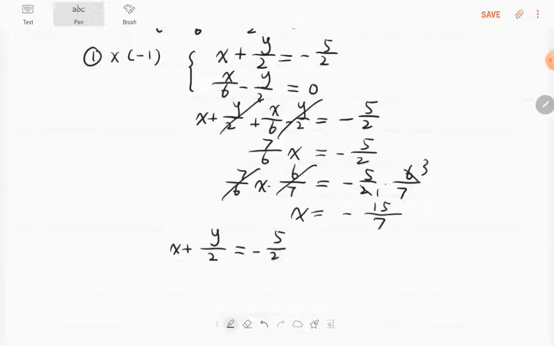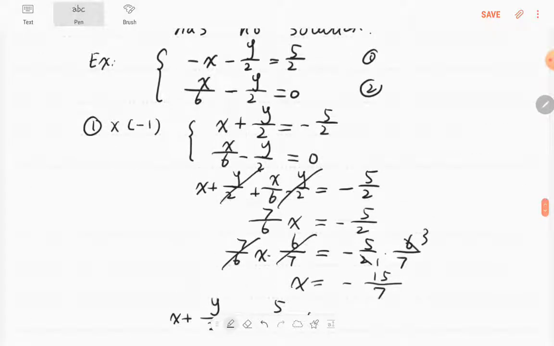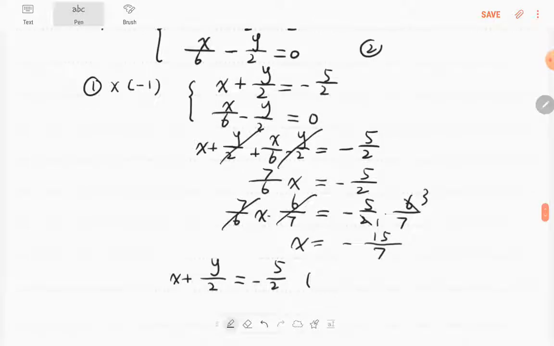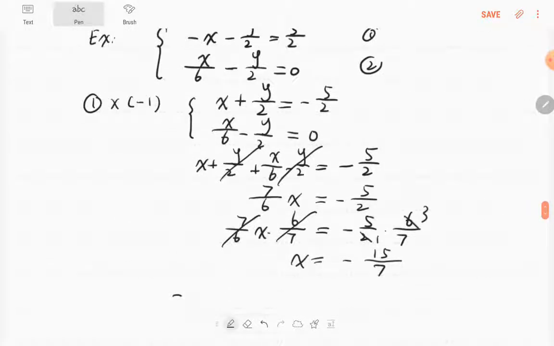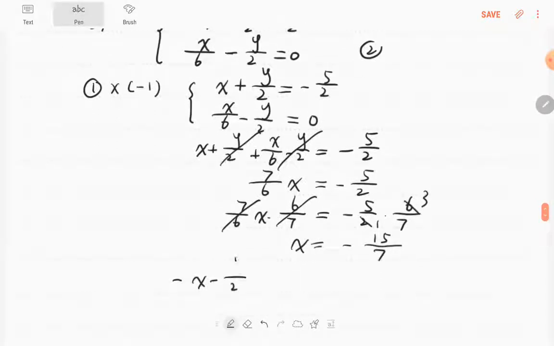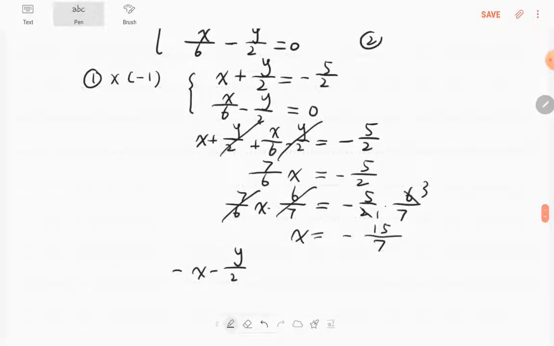Any one will be okay. This time we'll pick the first one. Oh, okay. This is not the original one, but it's still okay if we pick this one. If you prefer to pick the original one, it's still okay. We copy down this. This time we already know the x value.